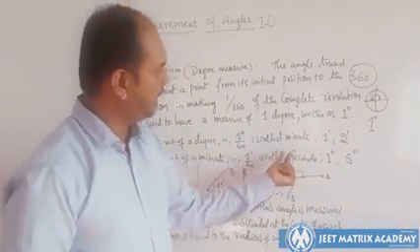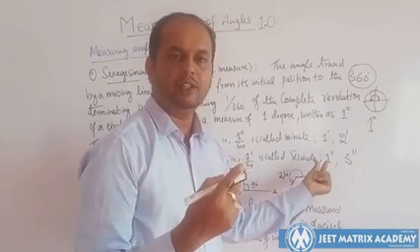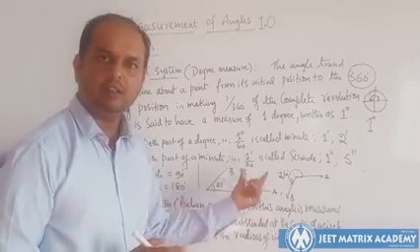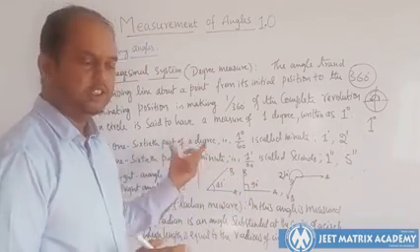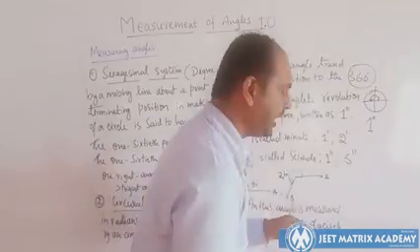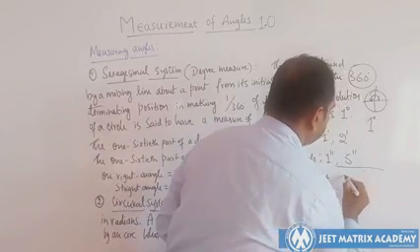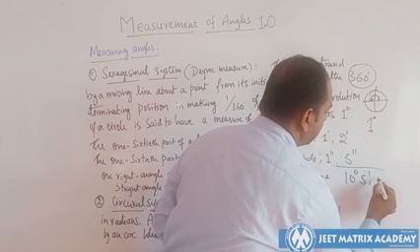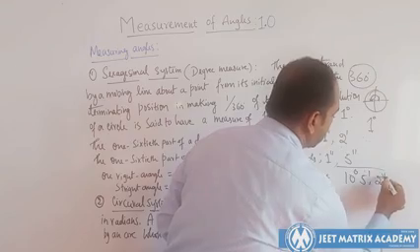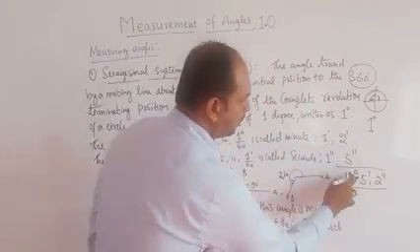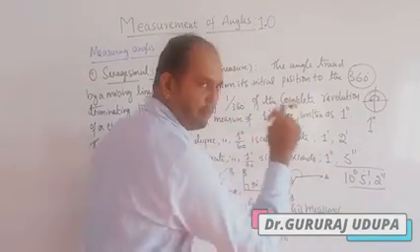One is degree, second is minute, third is second. These are the representation of the sexagesimal system. For example, 10 degrees, 5 minutes, 2 seconds: 10 with a small 0, 5 with a dash, 2 with a double dash.